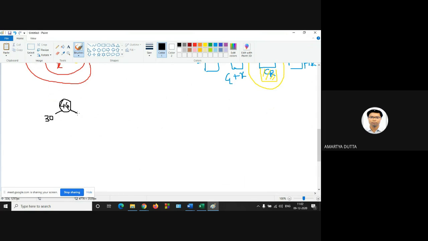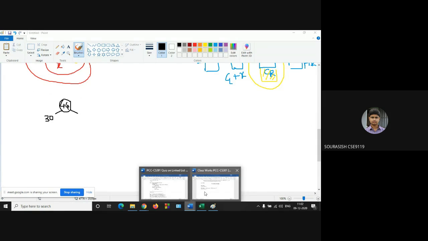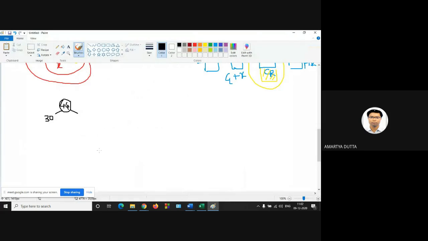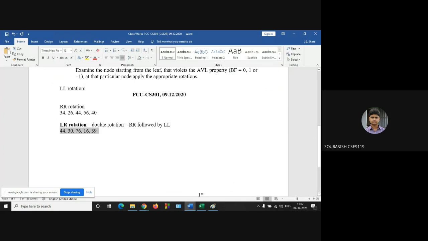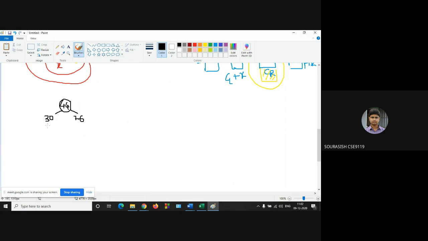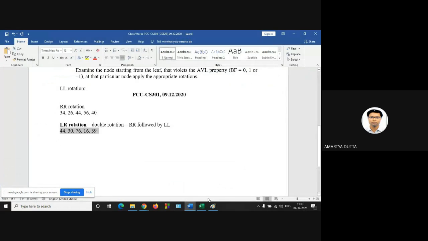And then 76 is the right child. Then the left child of 30 is 16, and the right child is 39.